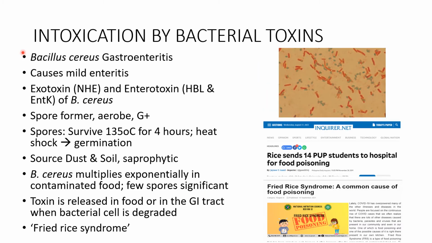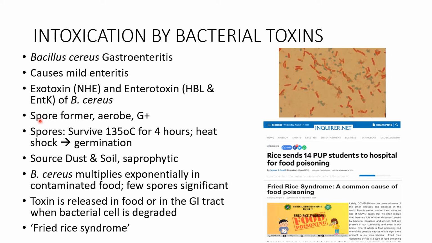Next, you have your Bacillus cereus, your B. cereus gastroenteritis. The disease is manifested as mild enteritis and is caused by a number of toxins produced by Bacillus cereus, primarily your exotoxin and your enterotoxins, HBL and ENTK.